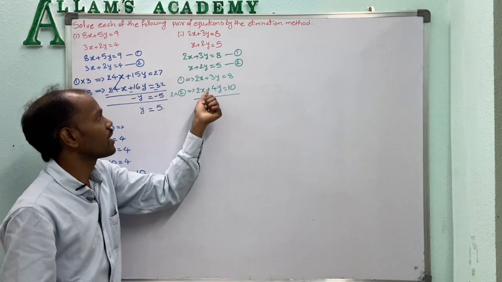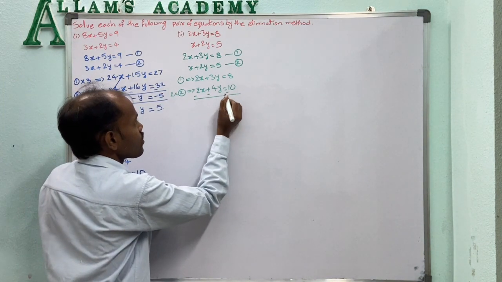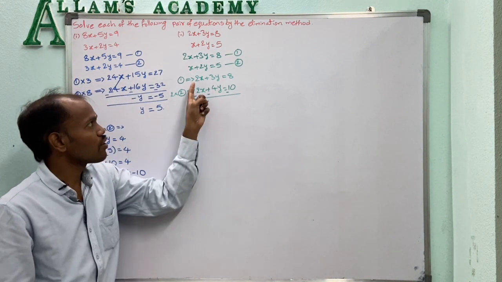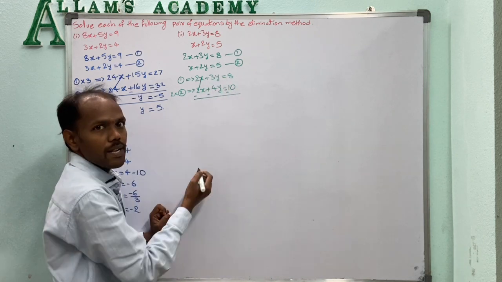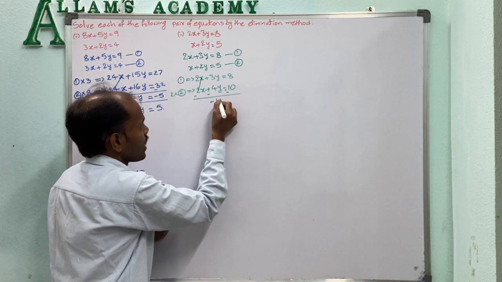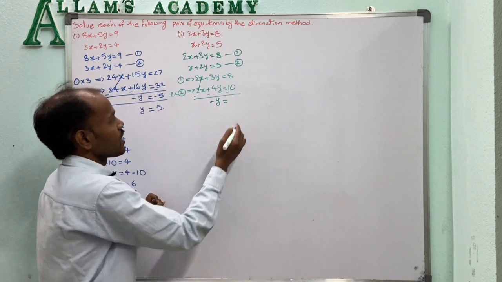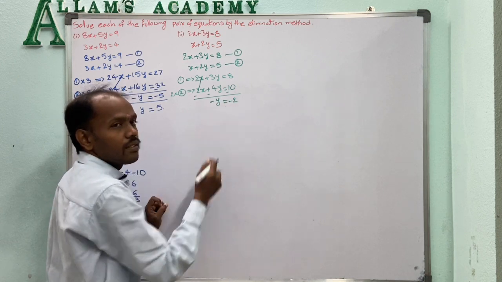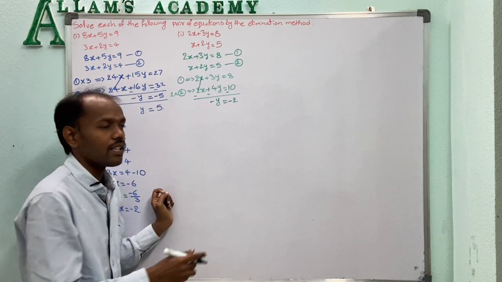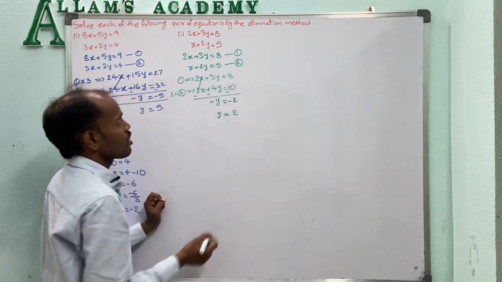So for getting the y value, subtracting, so changing the symbols, 2x minus 2x gets cancelled. Minus 4y plus 3y is nothing but minus y, equal to minus 10 plus 8, that is equal to minus 2. So minus y equal to minus 2. So y is nothing but plus 2.